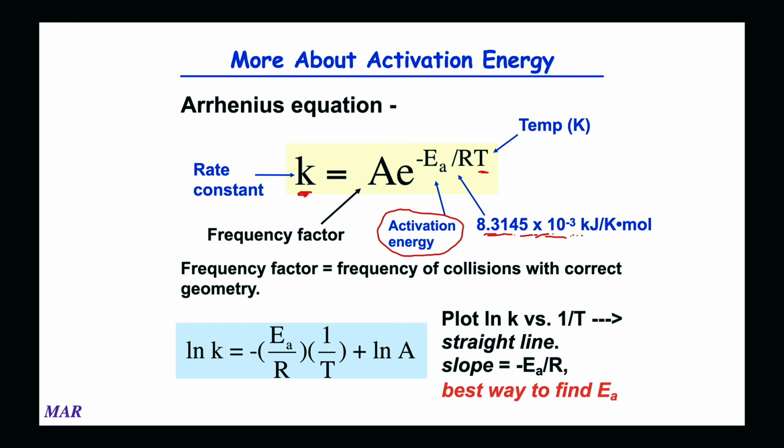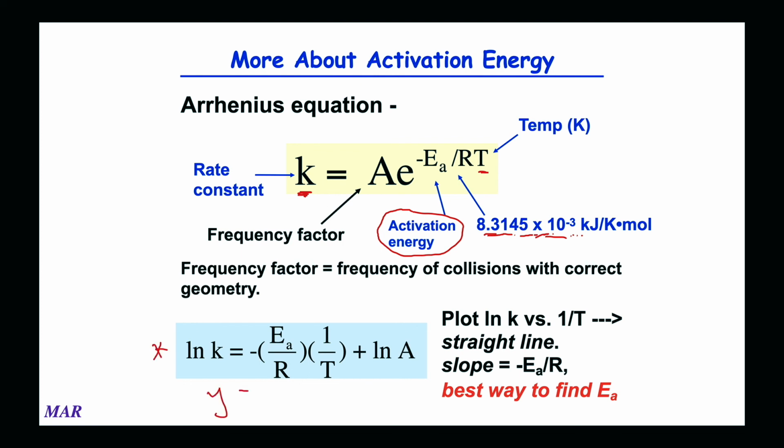But when you do that, you can rebrand, if you will, that equation as natural log of k equals negative E_A over R times 1 over T plus natural log of A. And if you're like, Russell, you have totally lost it, this doesn't look any easier than it was before. Well, yes and no, because this new way of writing it is like a straight line.